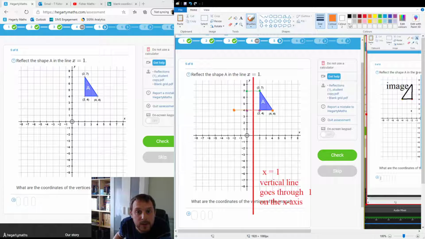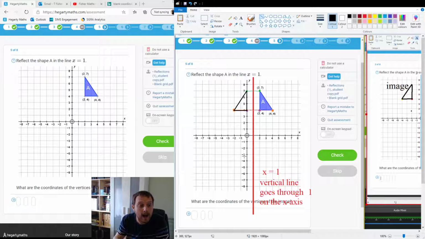And then, just as before, we'll join these up. Now, what you should end up with is a triangle that is exactly the same size and dimensions.